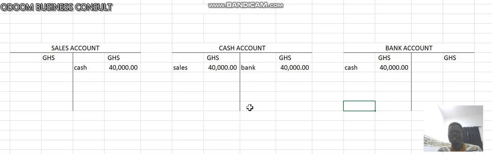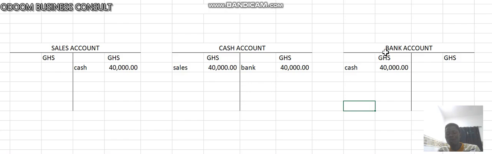Now let's see what is happening here. When you look into the sales account, you could see that when we balance all these accounts, we are going to have a credit balance of 40,000, because there will be a balance carried forward of 40,000 at the debit side, which will be brought forward to the credit side of 40,000.